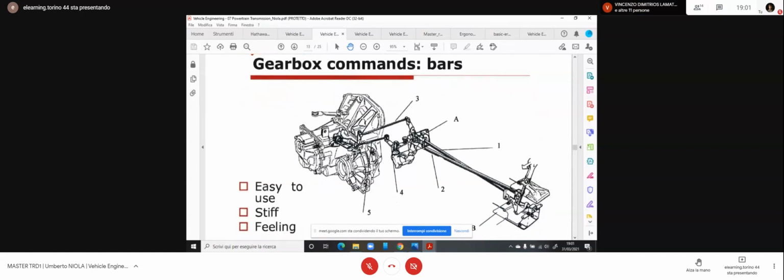Following, we only afford a final overview about the gearbox commands we need to move this kind of mesh. And so we can use mechanical rods or linkage.